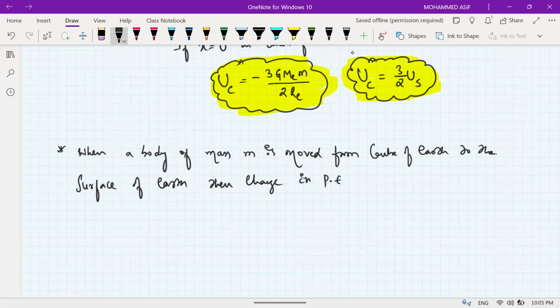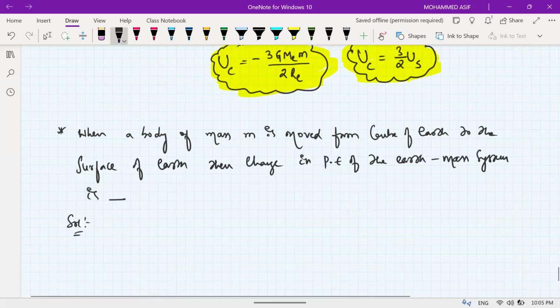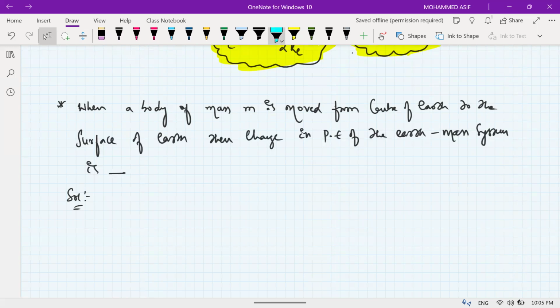Change in potential energy of the earth mass system is how much? When a body of mass m is moved from the center of the earth to the surface of the earth, then he is asking the change in potential energy.